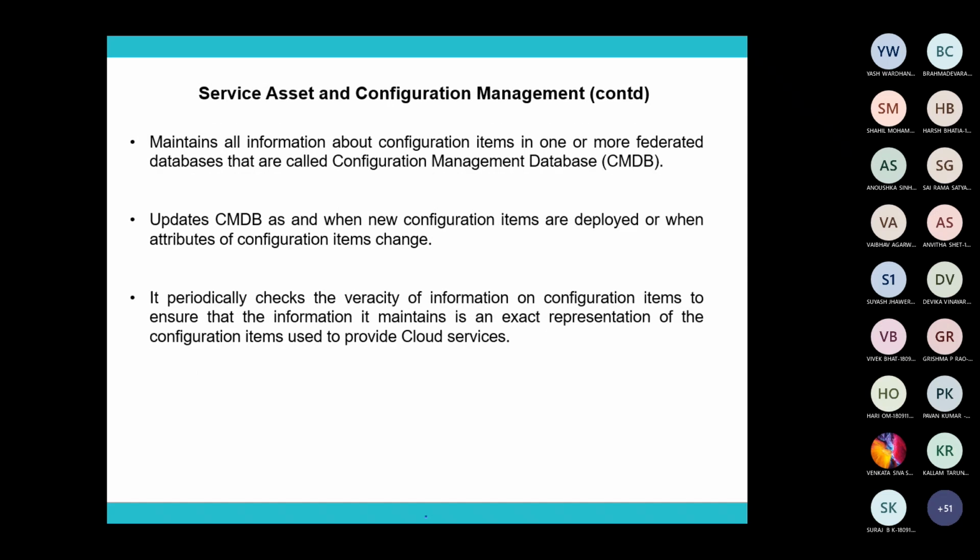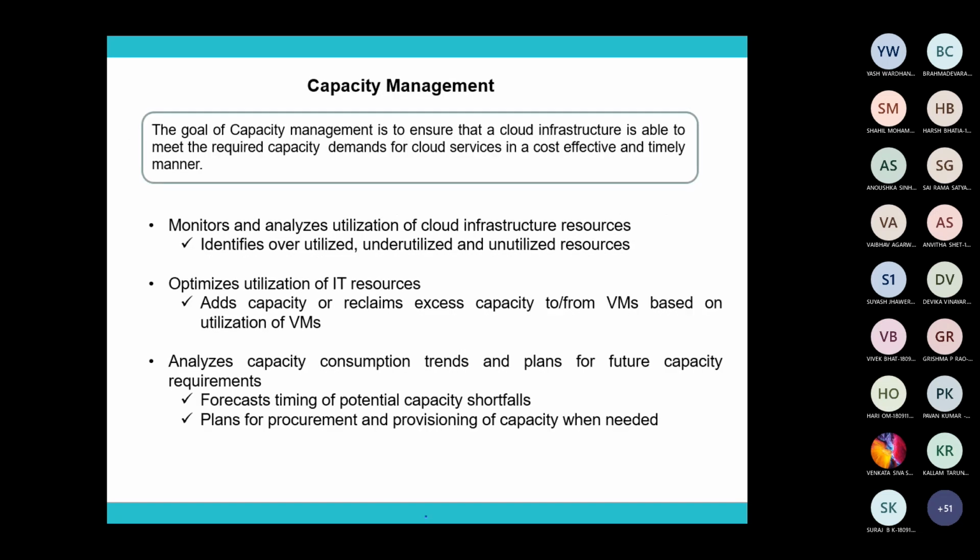All this information is stored in a database called the configuration management database. One important thing is that whenever any change is made to the physical infrastructure or any of the components, it should be reflected in the configuration management database. So that is about service asset and configuration management. Then after that, we looked at capacity management.